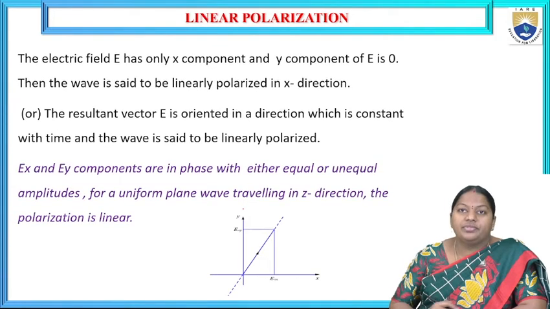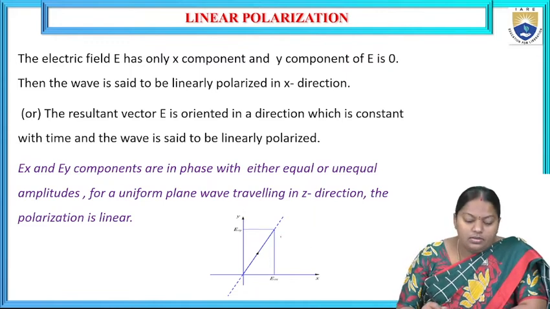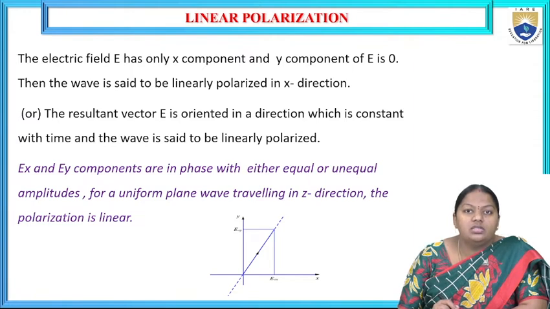Now linear polarization first. Three types of polarizations are there. First case is linear polarization. In the linear polarization case, how is the wave rotated, and how are we going to represent it graphically? See, the electric field E has only X component. The electric field notation we generally consider as E. So the electric field E has only X component and Y component of E is 0.